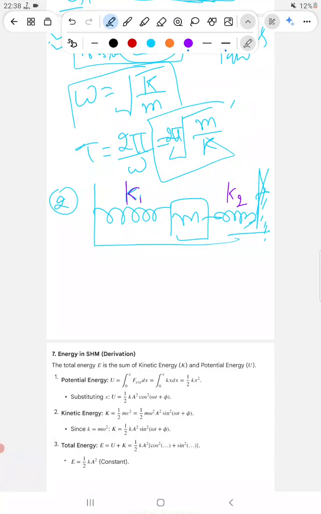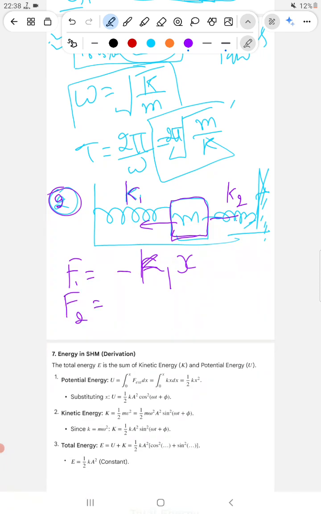Here, what is the net force experienced by this m? Let us come back to the question. The force due to spring 1 is F is equal to minus k1 x, and the distance is the same: whatever compression happened in this one, the same expansion would have happened in the other. The force due to spring 2 is minus k2 x. What is the net force?